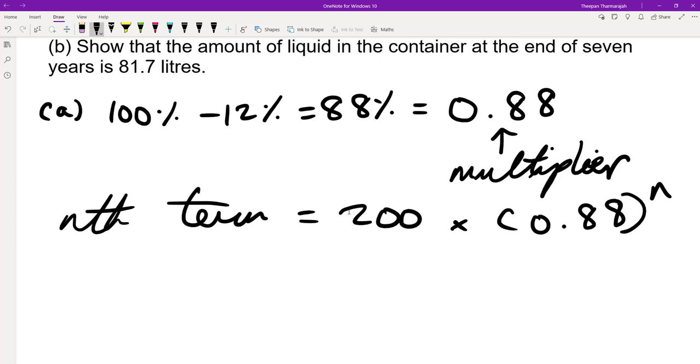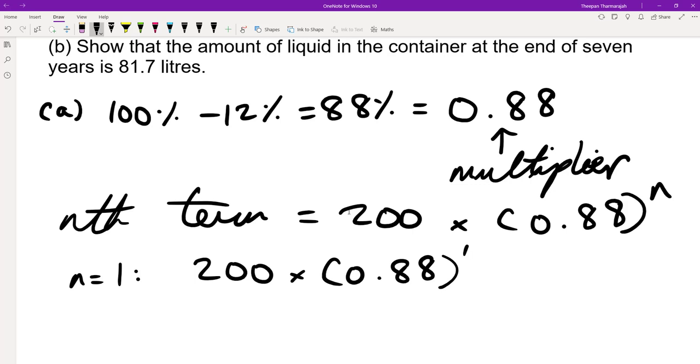Now we want to find the amount after 1 year, so we're going to say when n equals 1, we can do 200 times by 0.88 raised to the power of 1. We can do that on our calculator, and that will give me 176 litres.